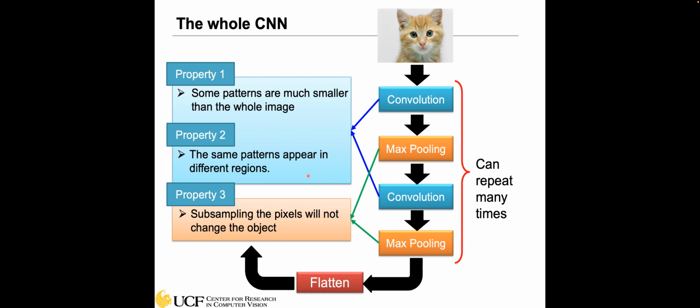And pooling comes from the fact that if we subsample the image, make it smaller, the object won't change. So by reducing the resolution of the image or later the feature map size, the computation can be greatly reduced. These layers are just like building with Lego. You can keep stacking these different layers to make the network deeper.